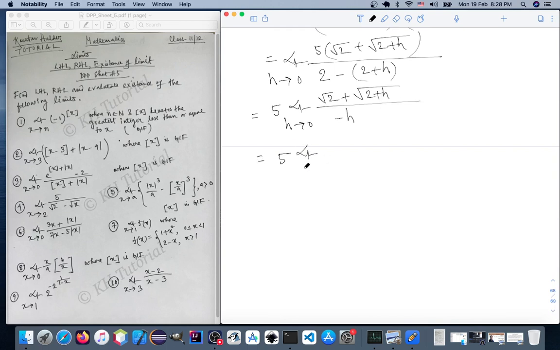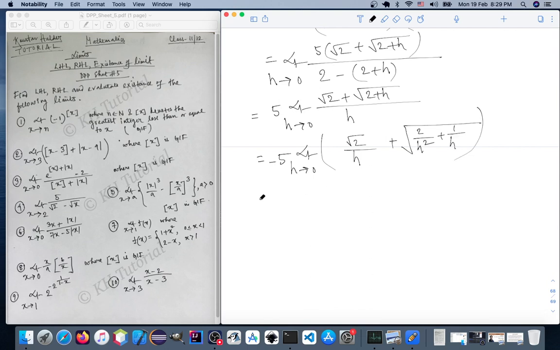This is limit h tends to 0 of minus root 2 by h minus root 2 plus h by h. Let's bring the minus outside, so minus 5, and we get plus 2 by h square plus 1 by h.